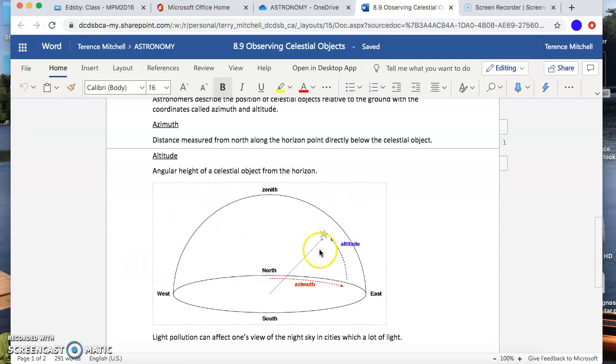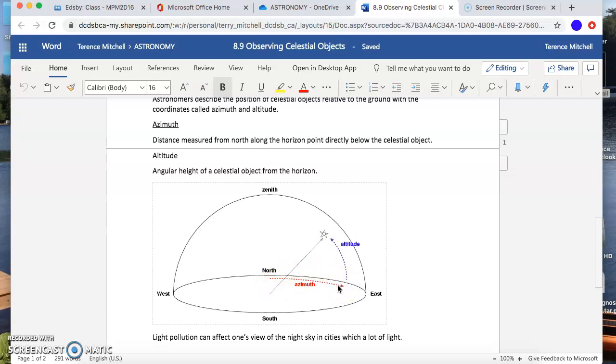So you can see here in this diagram, if I am standing right here at the start of this sight arrow, and I am looking north, and I want to describe where this star is, I would first travel along the azimuth path. In this case, I'm not quite looking east yet. This might be 60 degrees azimuth. So I've just turned 60 degrees from facing north.